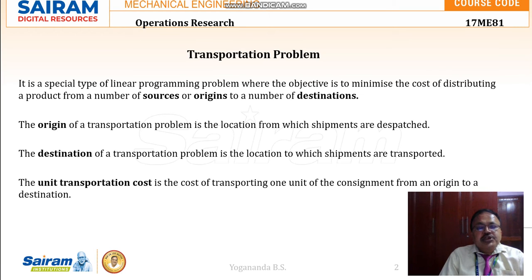What is transportation problem? It is a special type of LPP. The objective of this problem is to minimize the cost. The product has to be distributed from a number of sources to a number of destinations, from the production centers to the warehouses or showrooms.